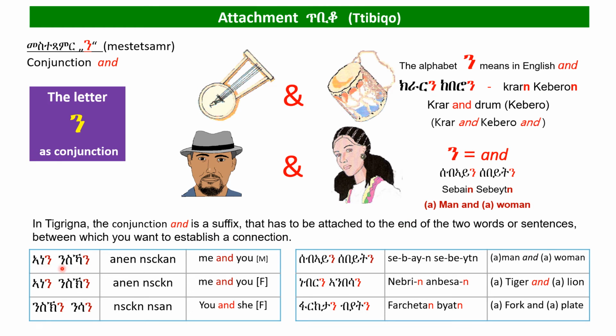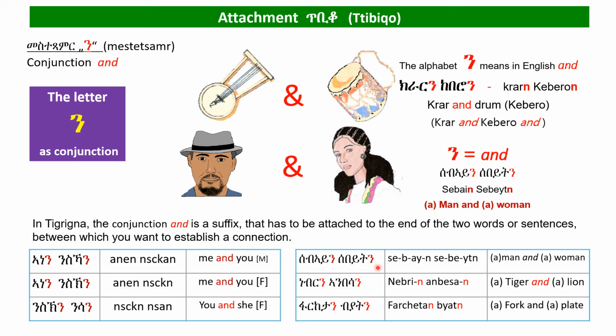Anen nisukhan, me and you. We have the letter N two times. Anen nisukhan, me and you, feminine. Nisukhan, nisan. Sebayin, sebeytin, a man and a woman.